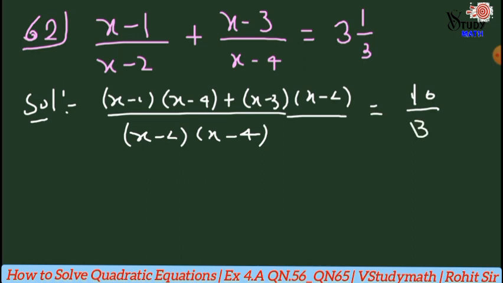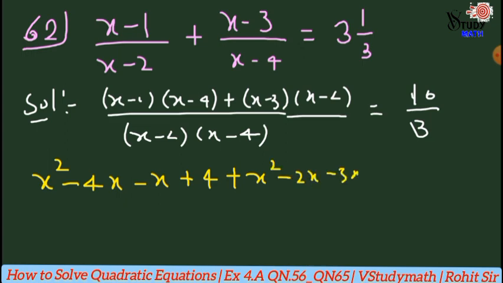After multiplying, x square negative 4x negative x positive 4 plus x square negative 2x negative 3x positive 6. Now add the like terms: x square and x square is 2x square.